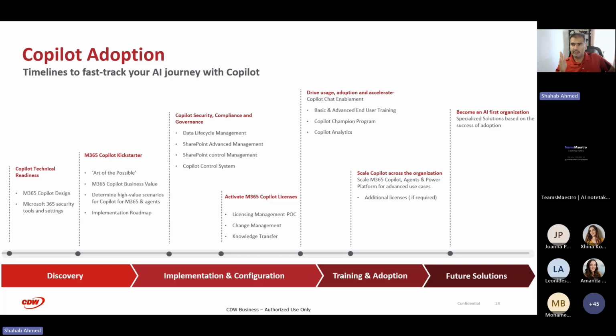So their technical readiness is slightly different from what it would be from a user perspective on the personal productivity piece, right? But at this point in time, you're just trying to understand, whichever copilot you're considering or the way you're considering it, what you need to know. So just getting a high-level overview, making sure all the stakeholders are on the same page in terms of understanding all the considerations.